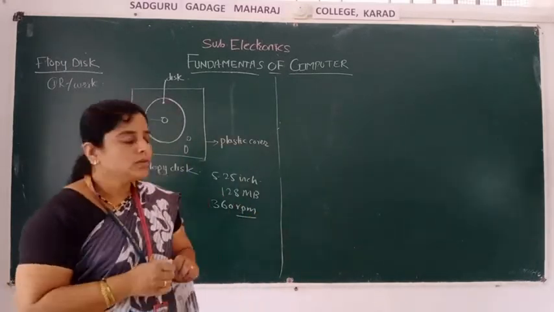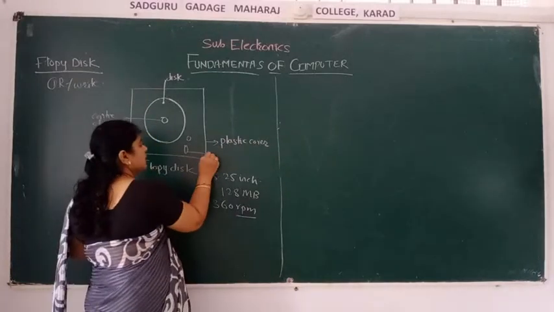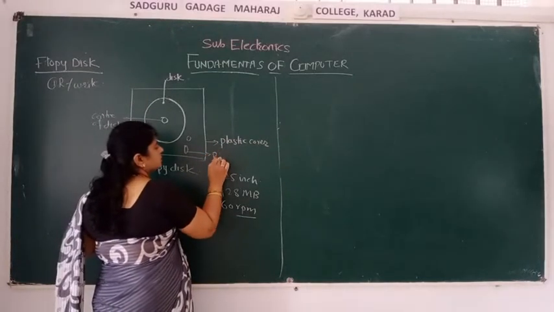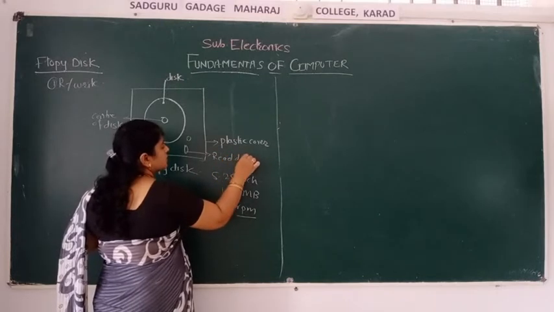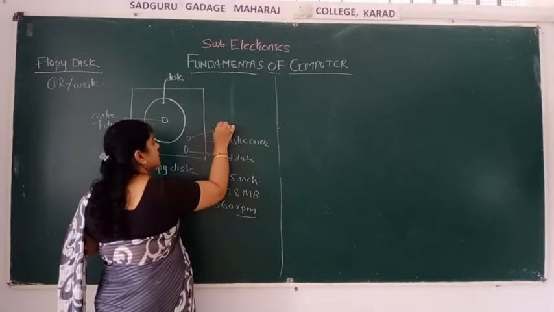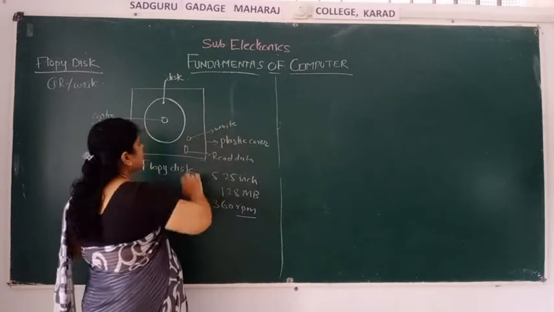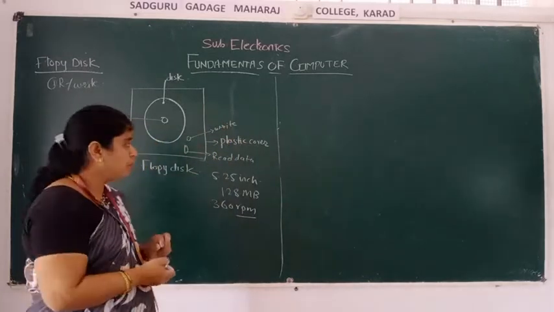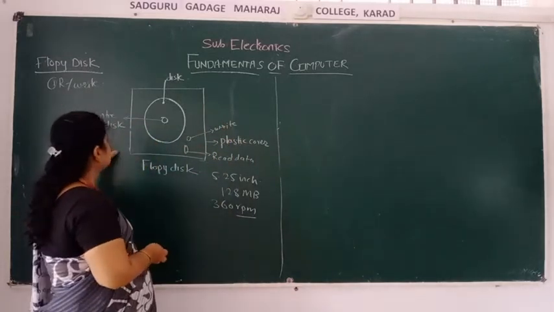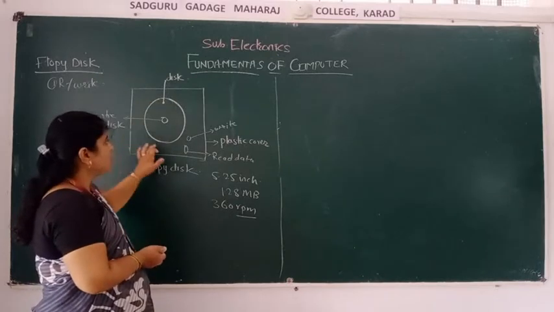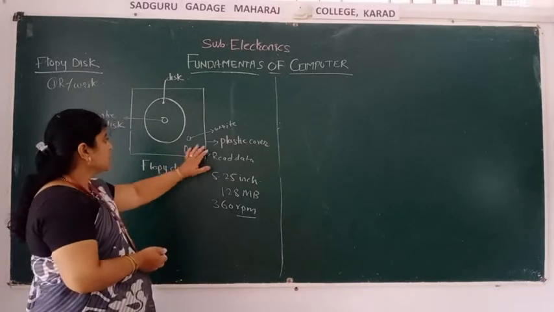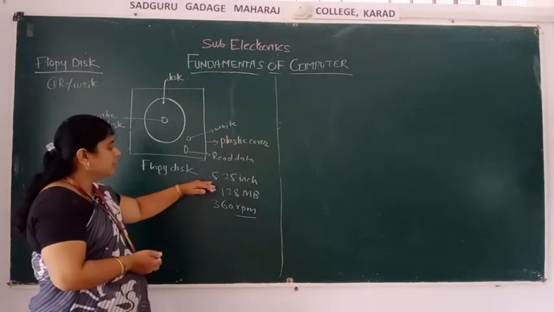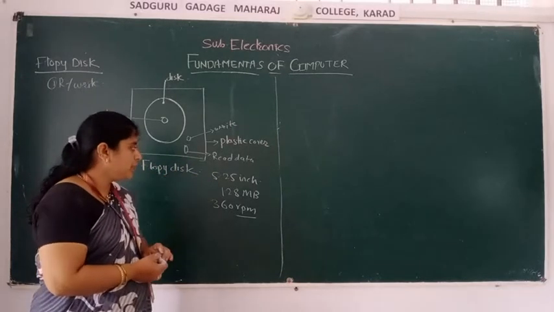You can read data and write data here. Therefore, the floppy disk is used for both read and write purposes. The floppy disk is in the form of a disk covered with a plastic cover, with a size of 5.25 inch.